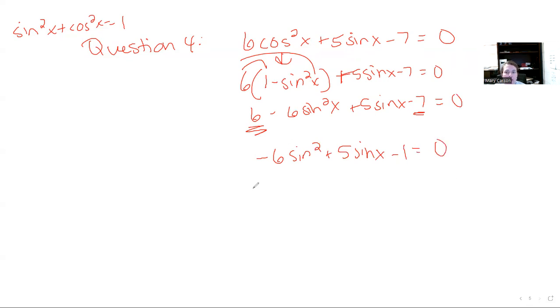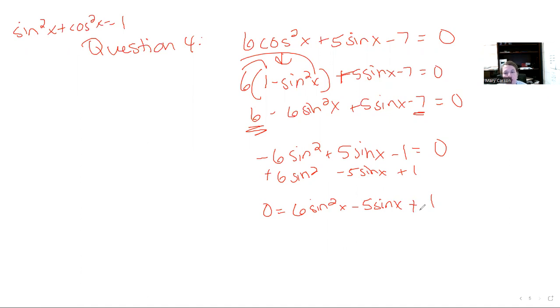And then I can move everything over. So I don't like working with a negative here. So I'm going to move this over, this, this. So you get 0 equals 6 sine squared of x minus 5 sine of x plus 1. Sorry.